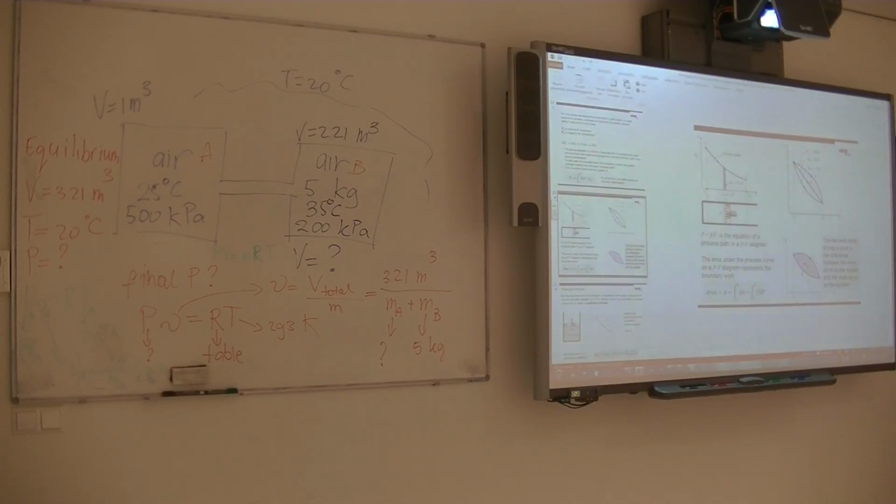The work can also be seen as the surface under the graph. So if we have a PV diagram for a certain process, then this surface area here equals the amount of work that's being done. And if we have a circular process, the amount of work that's being done is the surface area that is within these two graphs. This is the one road and this is the other road. And this area in between is the work that's being done by the system.